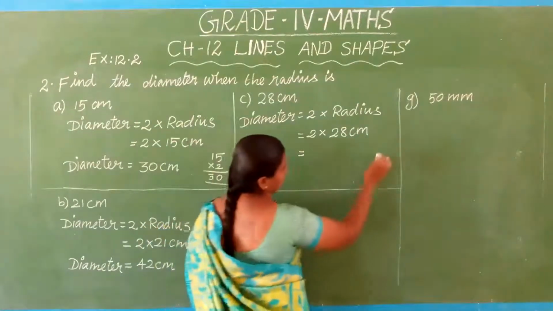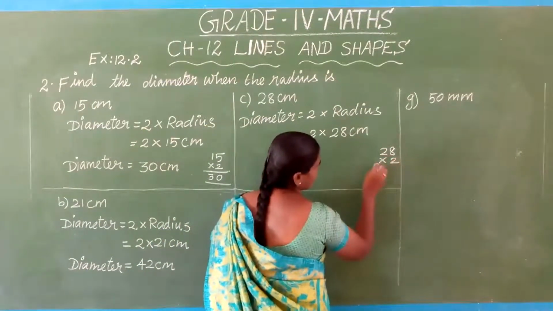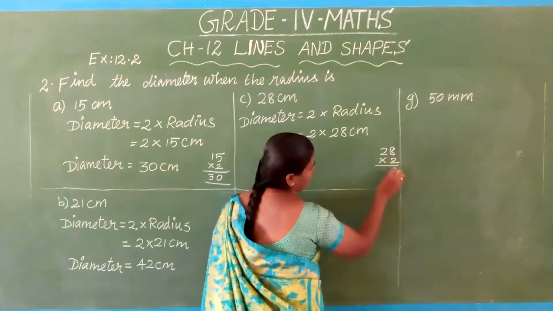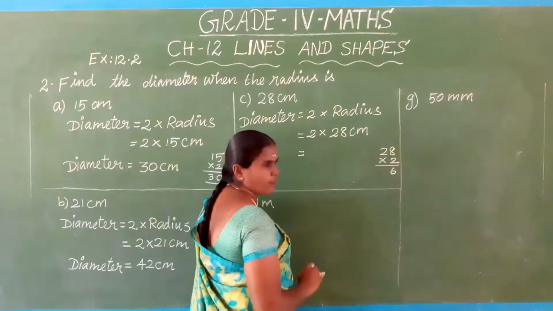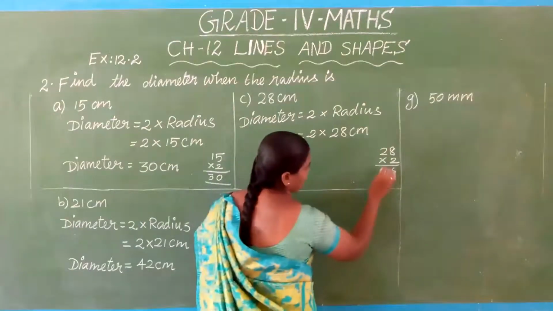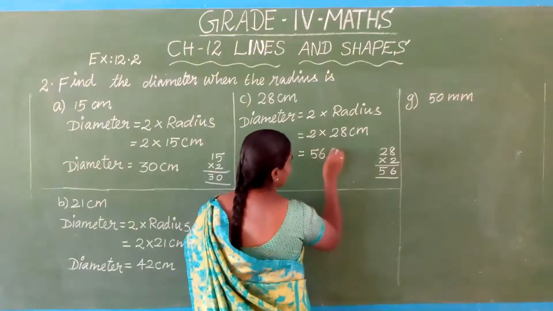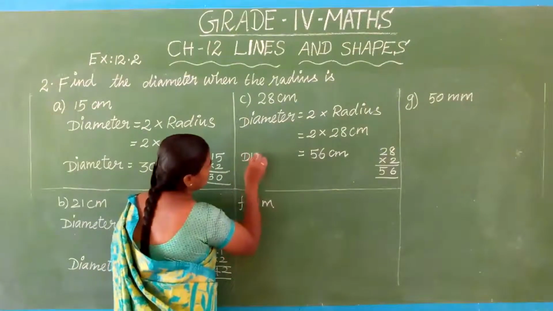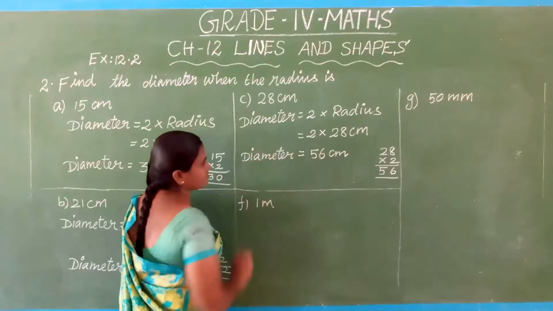Now multiplication. 28 multiplied by 2. 2 8s are 16. So write 6, remain 1. 2 2s are 4. 4 plus 1 is 5. So 56. Your answer is 56 centimeter.